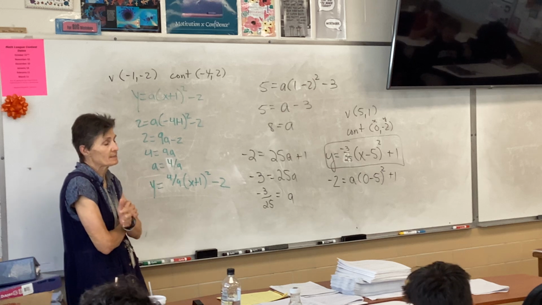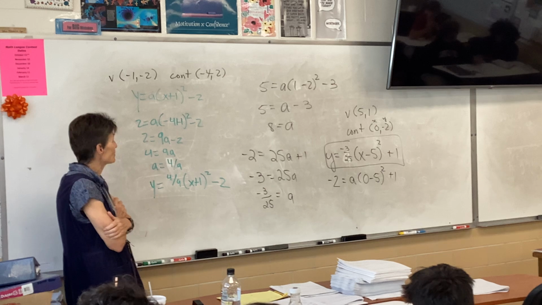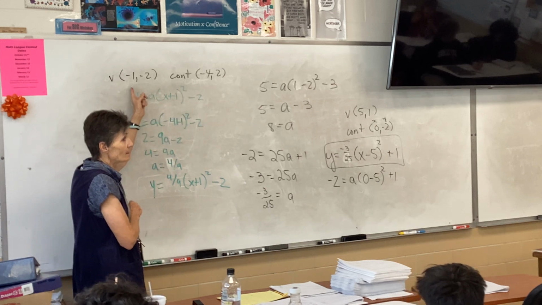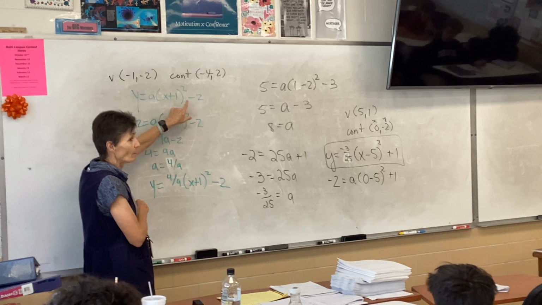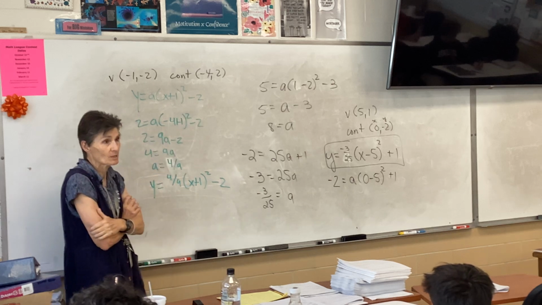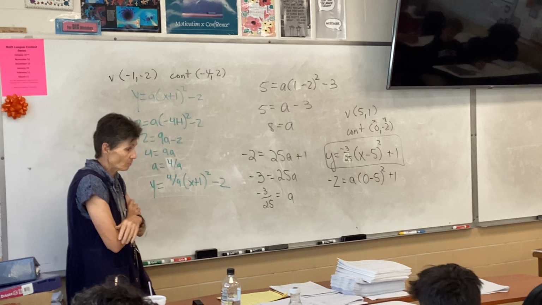These are really easy, but I will tell you, having graded lots of these over the years, that for some reason, sometimes we get these in the wrong spot. The vertex is always what goes in first. The vertex is how you start building your equation. And then you plug in.